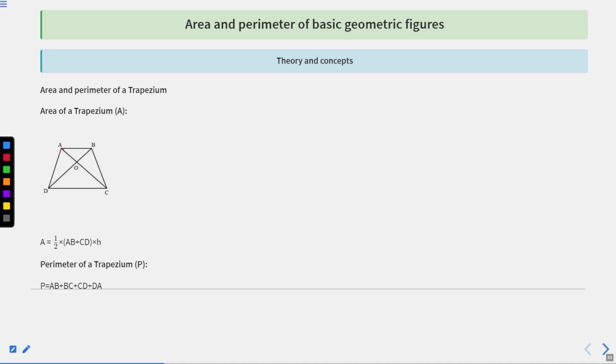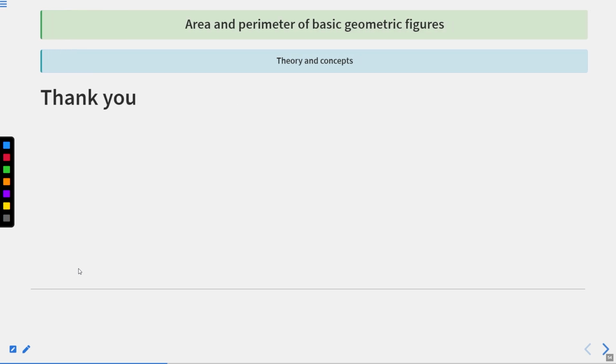So if we add the lengths of these parallel sides and multiply by the height, this formula provides us with the area of the trapezium. And the perimeter of a trapezium can be calculated by just taking the sum of all of these sides, AB plus BC plus CD plus DA.